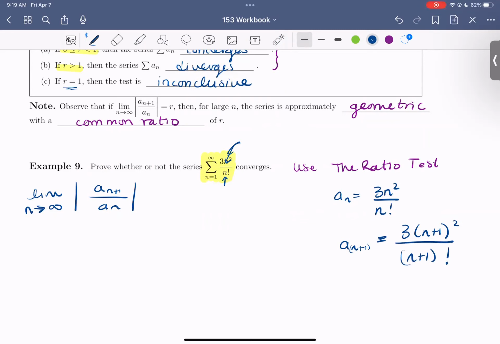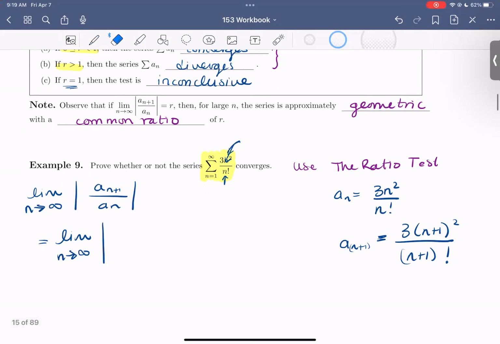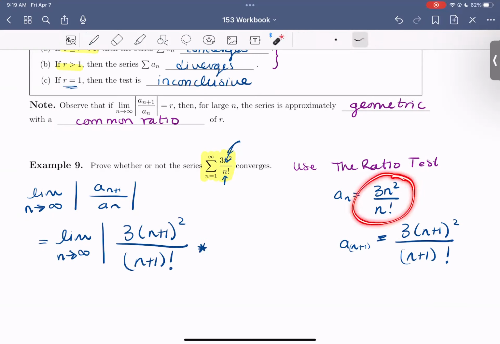All right, so we can go ahead and plug these terms into our ratio. What does that look like? That looks like the limit as n goes to infinity of the absolute value. So a_(n+1) goes on top: 3 times (n plus 1) squared over (n plus 1) factorial. And now rather than divide by a fraction, I'm going to multiply by the reciprocal of that denominator fraction.